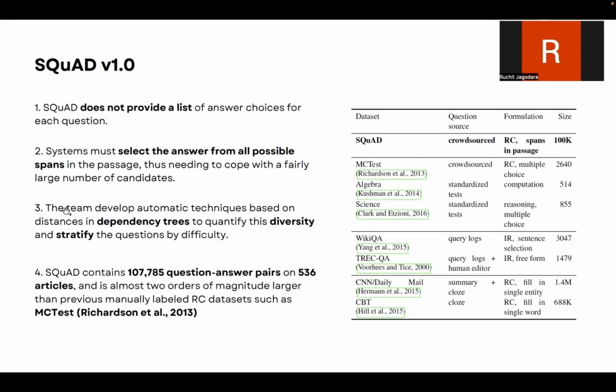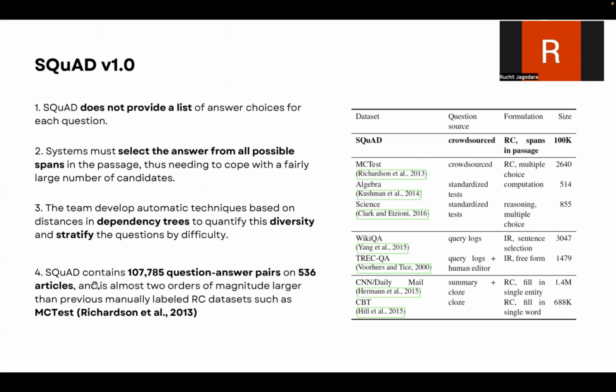And then there was also an evaluation system in SQuAD. Using dependency trees and diversity and stratification, they sorted the questions by difficulty, and they labeled the questions by their difficulty.